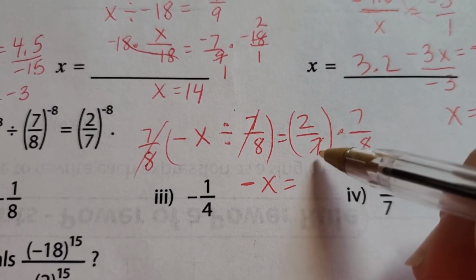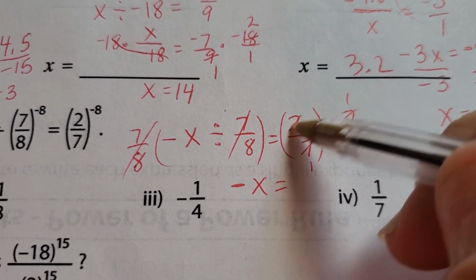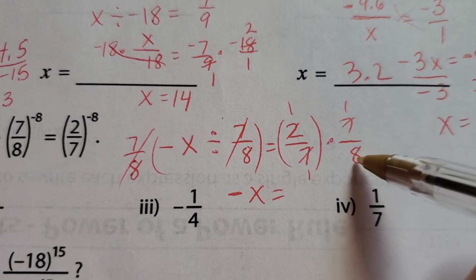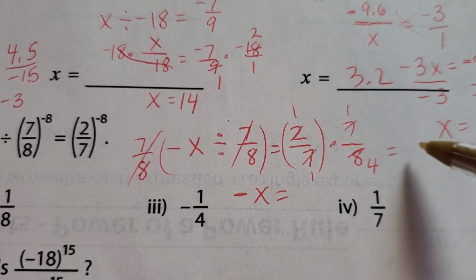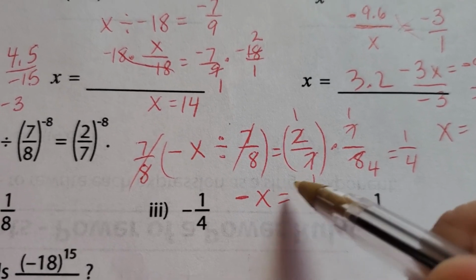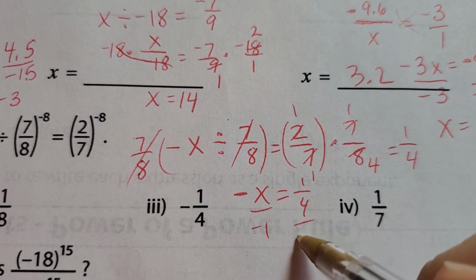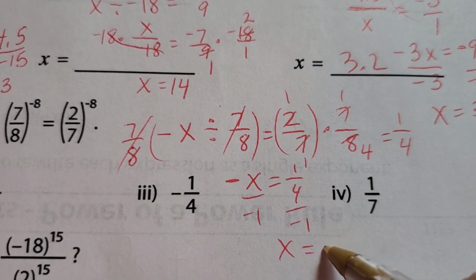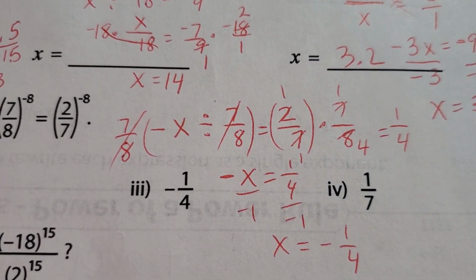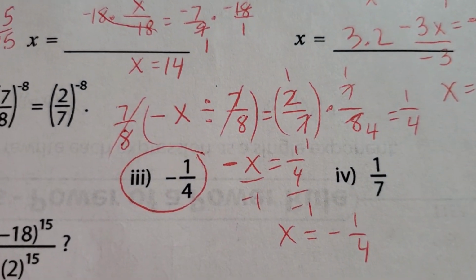Do a little canceling here. We have a 7 and a 7, so let's get rid of those. We have a 2 and an 8. We can divide both of those by 2. We end up with 1/4. So negative x is going to equal 1/4, but I have to divide by -1. So x is going to equal -1/4, which is answer choice 3, Roman numeral 3.